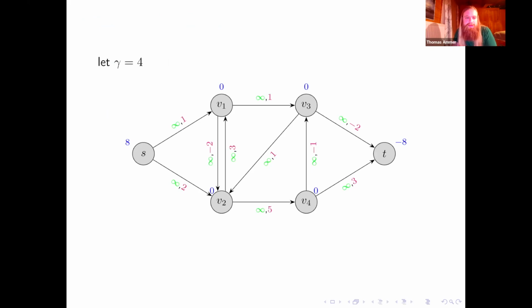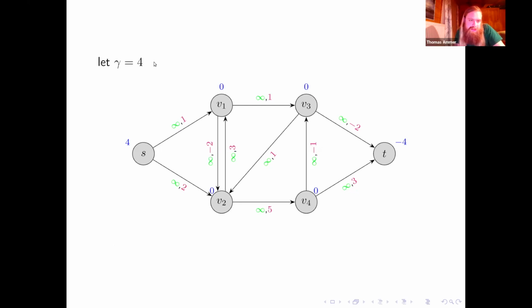So in an example again, if gamma is 4, and again we want to send 8 units of flow from S to T, is there a source and a target with a balance above 4? Well, yes, it's S and T. So let's send 4 units of flow from S to T. Now, is there a source and a target with supply or demand above 4?